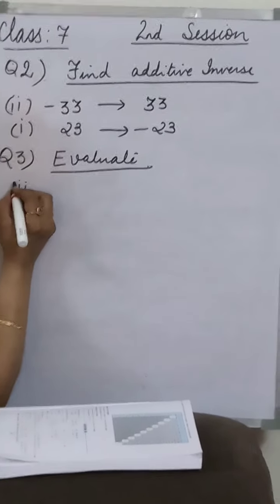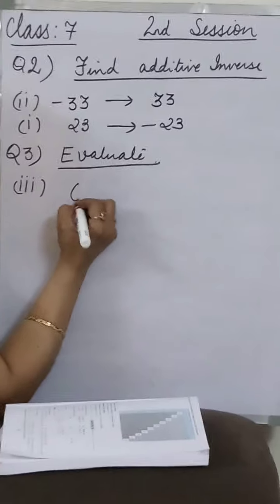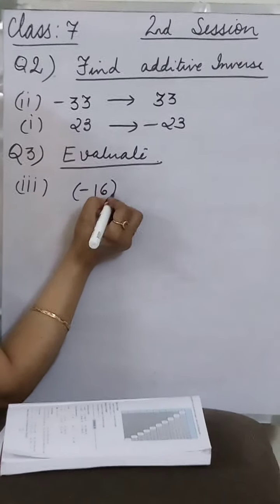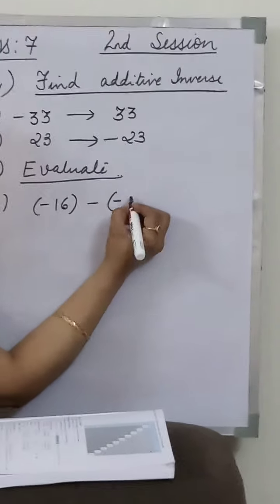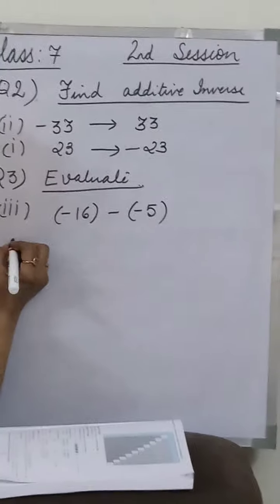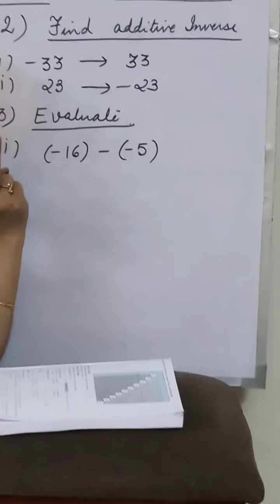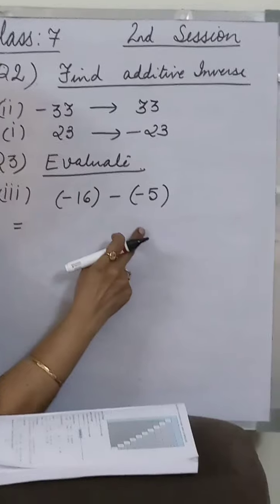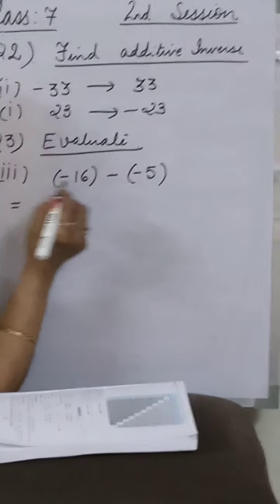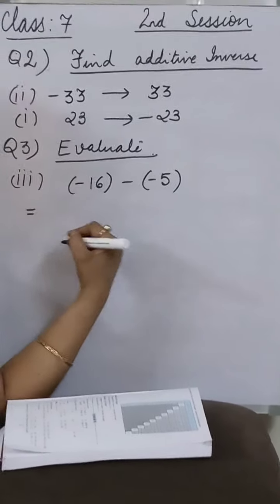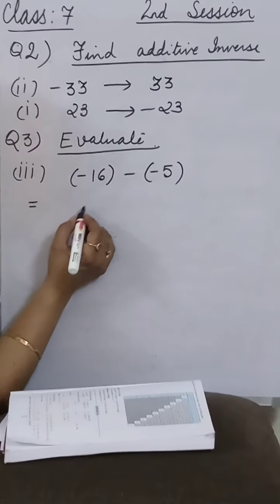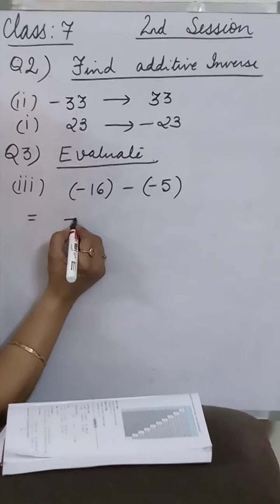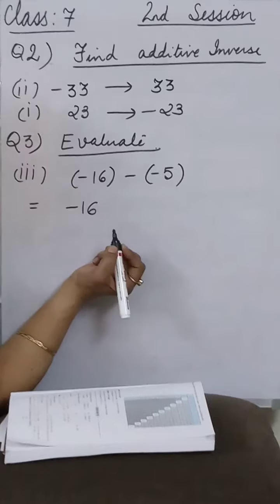That is the third one. The expression is given this way, minus 16 minus bracket 5. Firstly, whenever we have brackets, we need to open the bracket and we have to be alert if we have a negative sign before the bracket. So this is minus 16, we copy as it is and I remove the bracket.